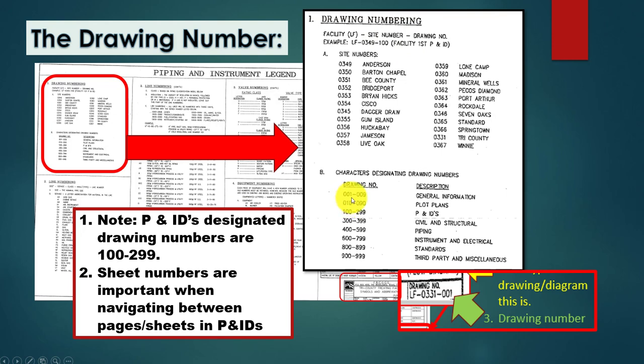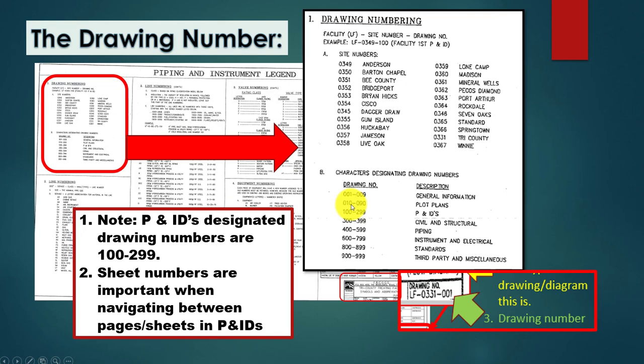Drawing numbers, as you can see on the second column, let us know what drawing numbers have been designated for individual types of sheets. For example, from 0 to 9 is general information sheets, from 10 to 90 plot plans, from 100 to 299 P&IDs. So if let's say you only have 2 plot plans, the numbers will be 10 and 11.